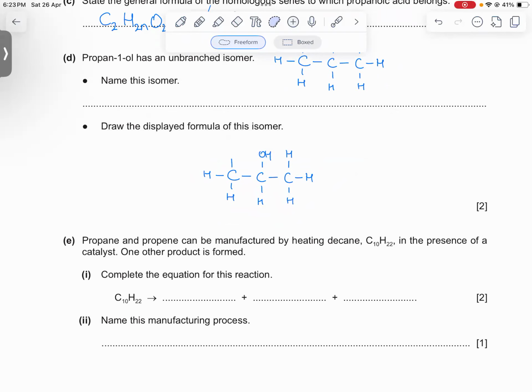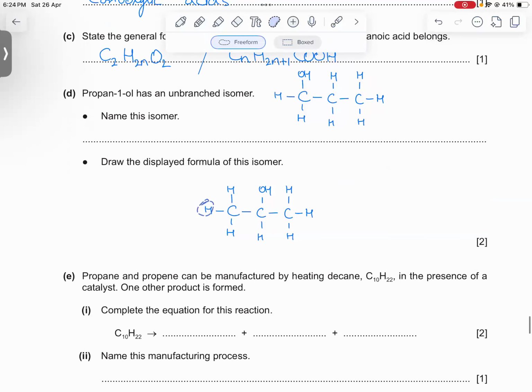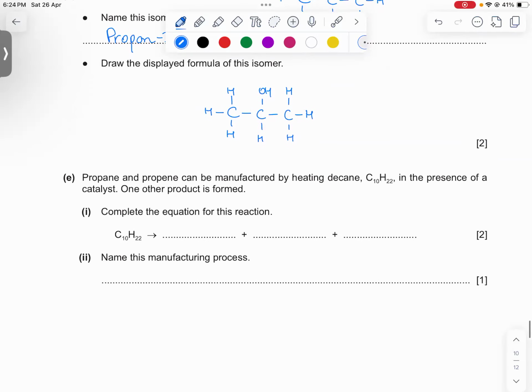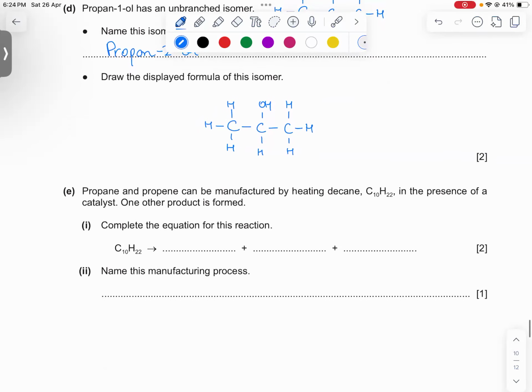If the functional group was on the second carbon, then the substance's structure is different, but its formula is the same, and it will be called propan-2-ol. That is the displayed formula. This is how you draw the displayed formula.